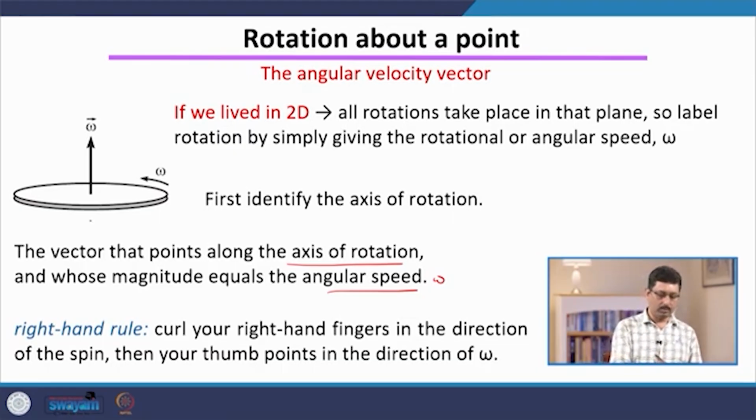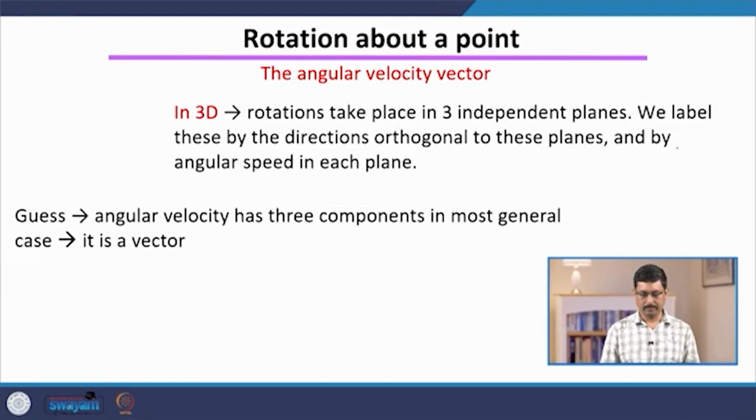There are 2 possible directions, up and down, and you choose using the right hand rule: you curl the fingers of your right hand in the direction of the rotation or spin, and the thumb points along the axis of rotation, which is the direction of omega. So, in this case the direction is fixed and the only thing that matters is the magnitude.